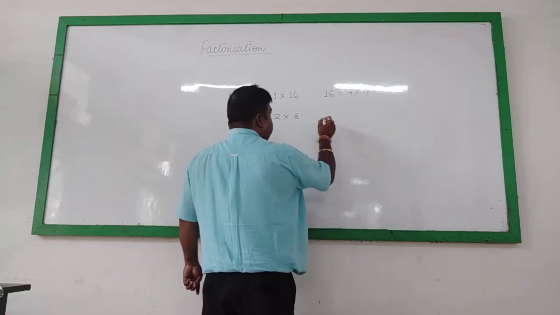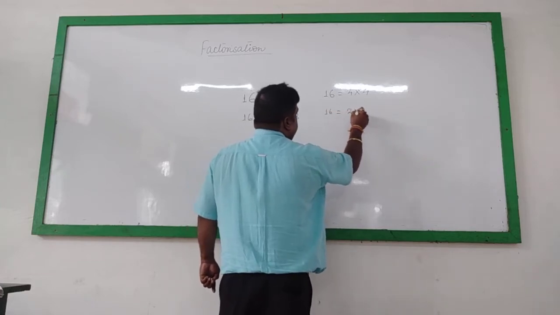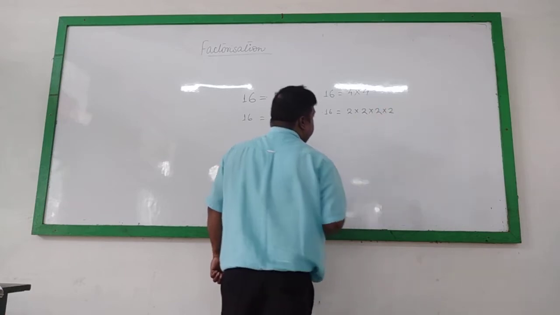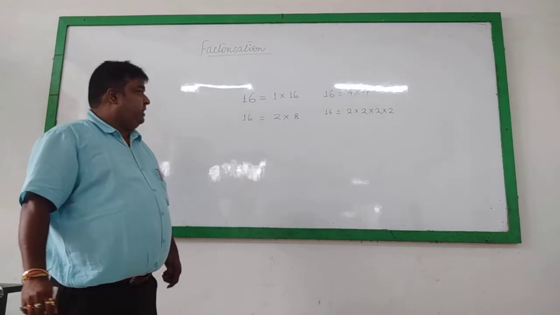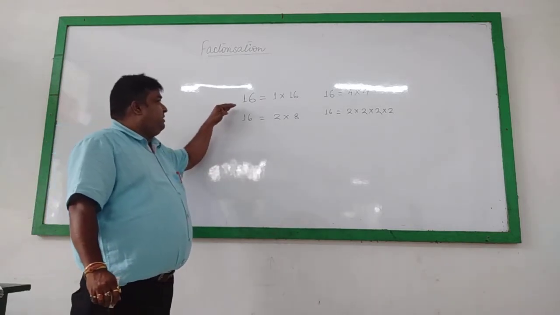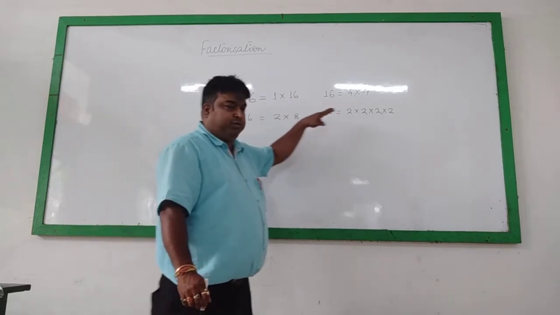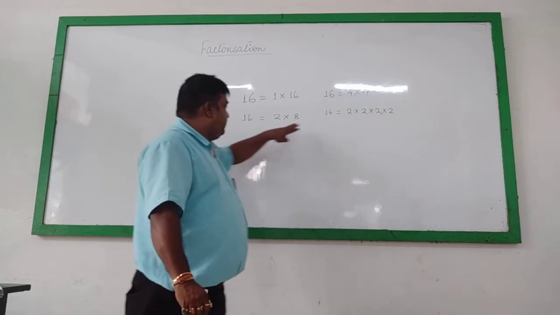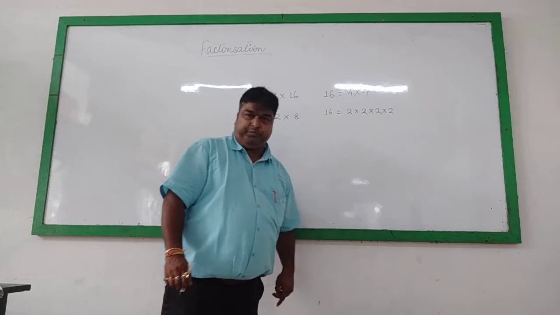And 16 can be written as 2 into 2 into 2 into 2. That also can be done. I have written a couple of forms: 1 into 16, 4 into 4, 2 into 8, 2 into 2 into 2 into 2.